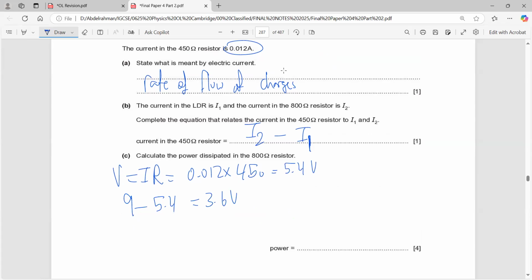So to find the power, we'd say power equals VI, so 3.6 times the current. But we don't have the current.